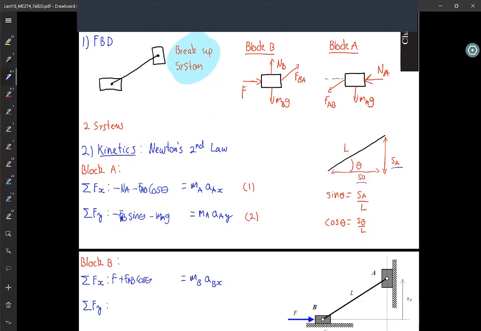And then in the y direction for block B, we have a positive normal force, negative weight, and positive F_AB sine theta.